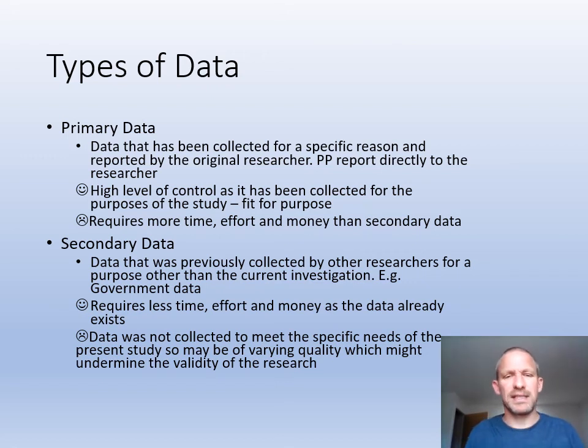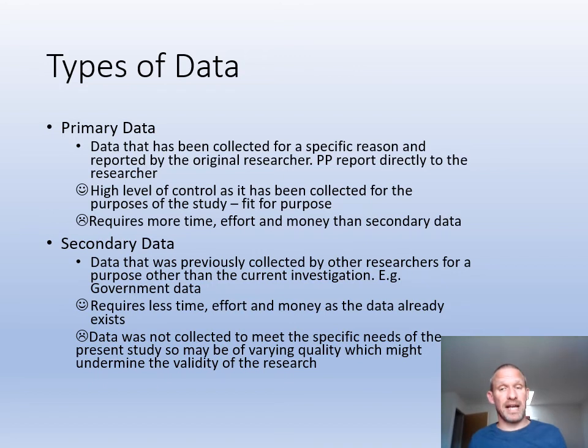So hopefully you can see the difference between the two there. And once again, we've got the reverse pros and cons here. So it requires less time, effort and money because it's already there, it already exists. So all that, getting the sample and collecting it, that's gone. It's already there. Fantastic. But you haven't got the control over it.